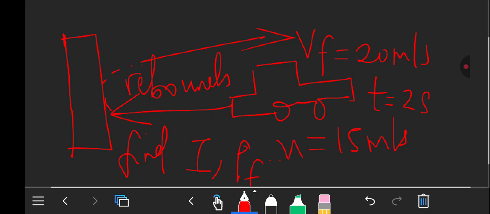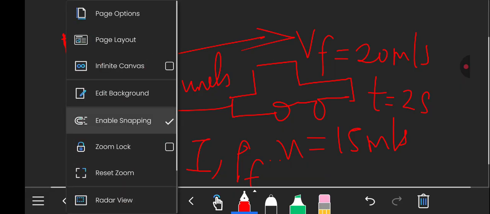So find the impulse and find the final momentum. So how can we calculate this? Let me go to the next slide.